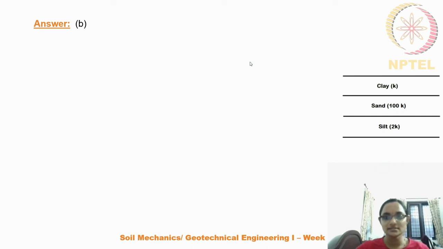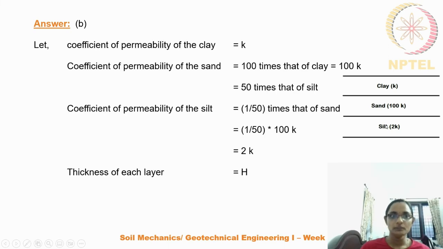So what we have is a type of soil like this: clay here, sand here, and silt here. We are given that coefficient of permeability of sand is 100 times that of clay and 50 times that of silt, right? So if we take the coefficient of permeability of clay as K, coefficient of permeability of sand will be 100K, but that is also equal to 50 times that of silt.